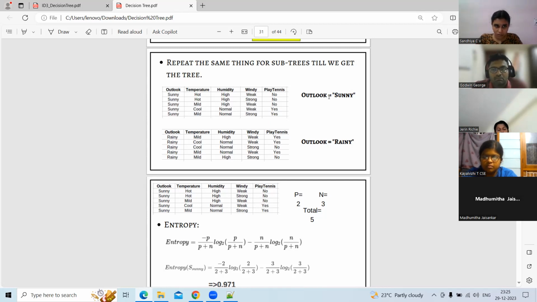My question is, can I use the outlook variable again now that it's continuous? Yeah, we can use that. We can't use the same outlook is greater than 4 again, but we can use some other numbers. Exactly. So it could be greater than 8, between 4 and 8.